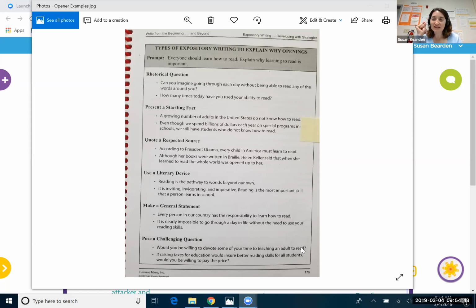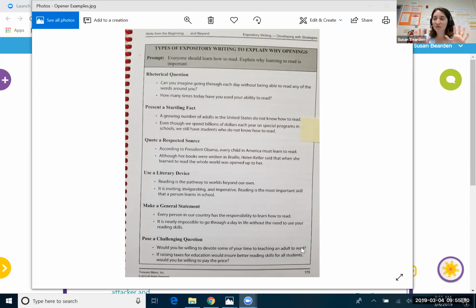There's not a quick, short answer to it. So this is kind of similar to our first strategy when we asked a rhetorical question. Remember, though, that a rhetorical question we're not expecting an answer to. In this particular strategy, we're laying down a challenge. You can think of it almost as putting out a dare, daring your readers to do something.